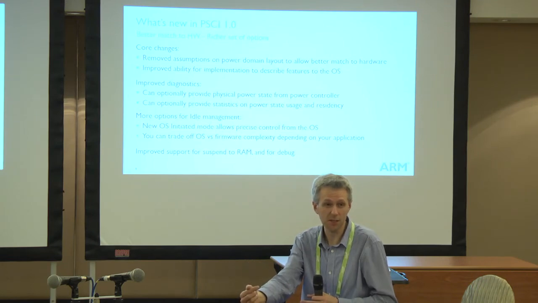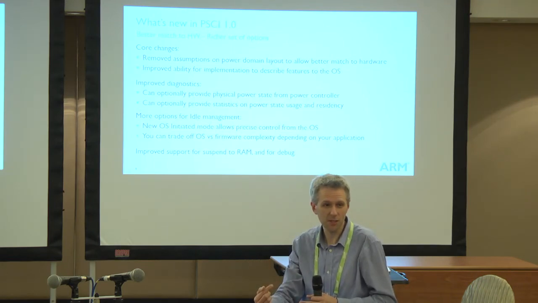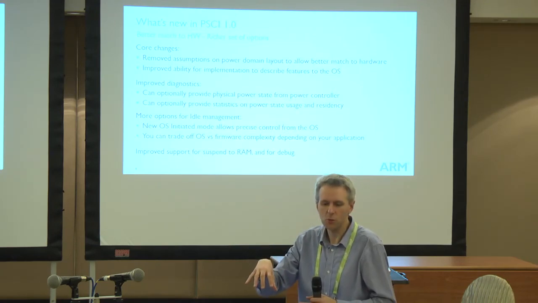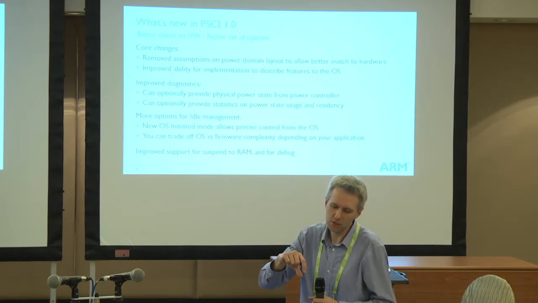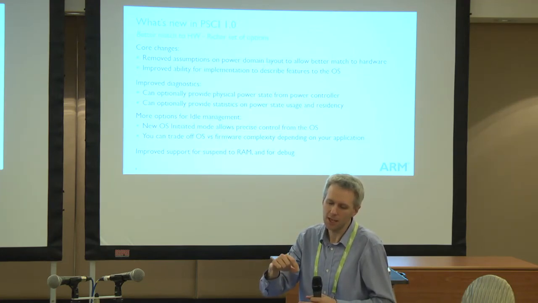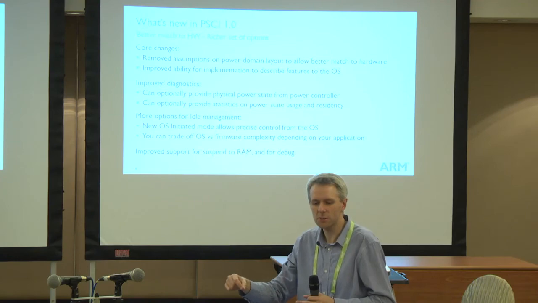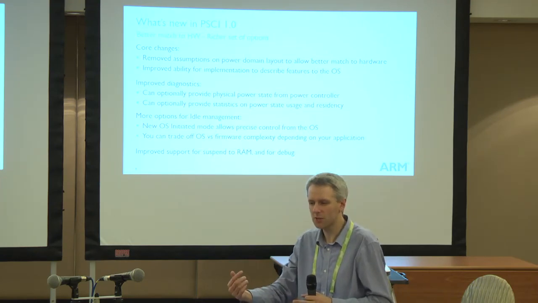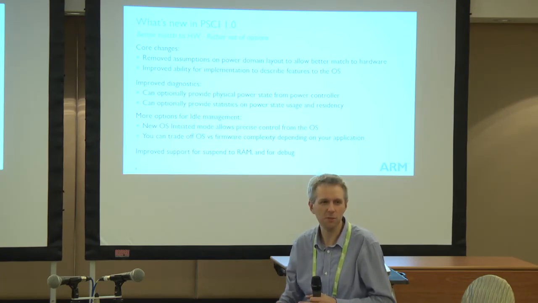If you can't achieve that state, then fail the request. In that situation, the OS knows what state it thinks the system is in, and it means that the last CPU in a cluster can actually turn the cluster off, even if the other CPUs at the time they turned off couldn't have done. So it would allow the OS to take explicit control of all the levels in the power hierarchy.